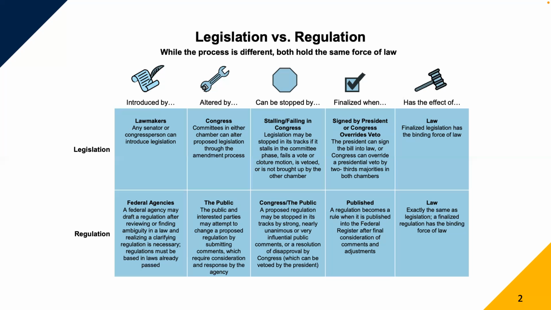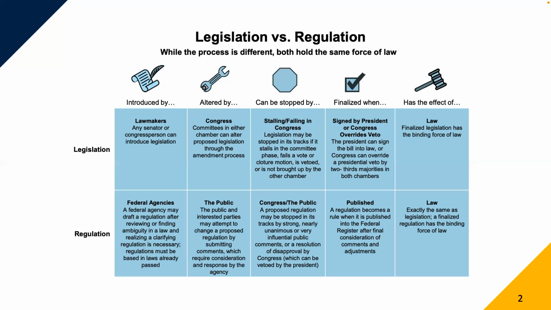Once it gets passed by Congress, it's finalized when it's signed by the president. And then it becomes a law, which is basically a requirement that has the full force of the law behind it. Any questions about that process?